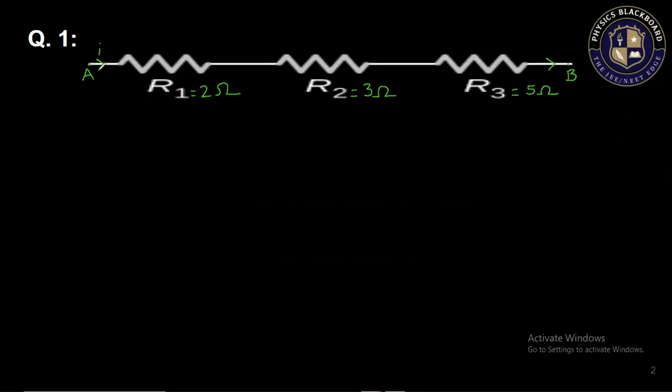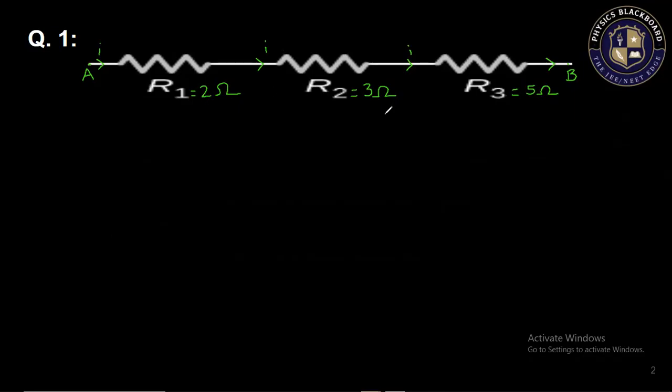The current which is passing across these 3 resistors, whether it is dividing or the same current is passing through all the resistors. Here you can see that the same current is passing across all the 3 resistors. That means I is constant.